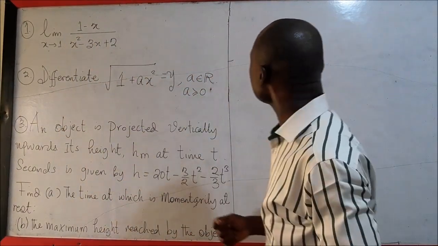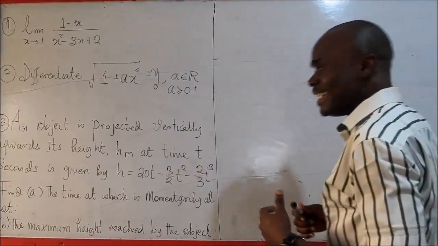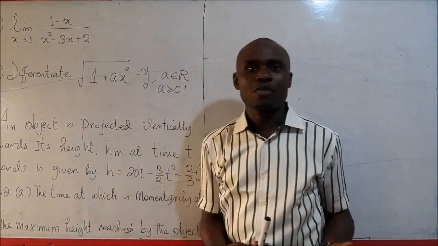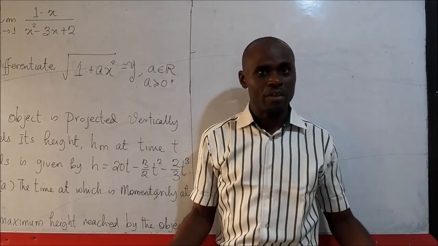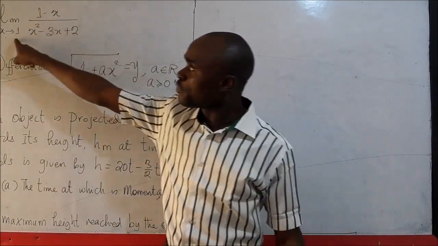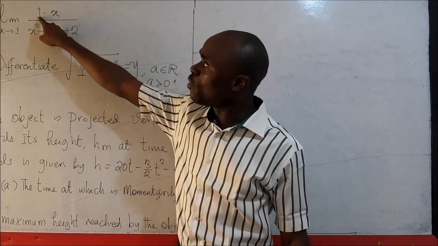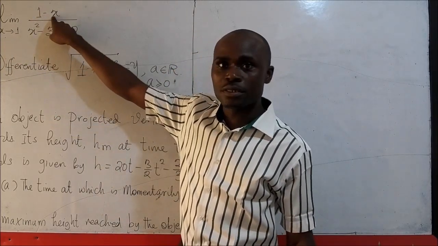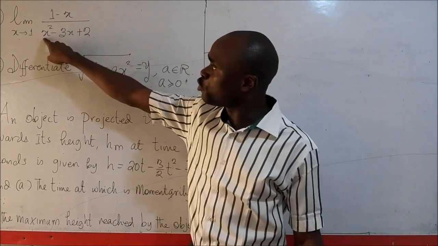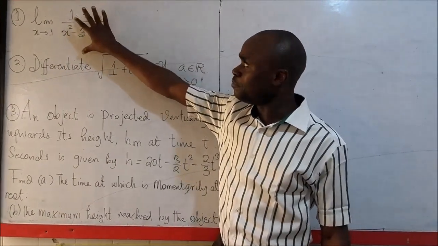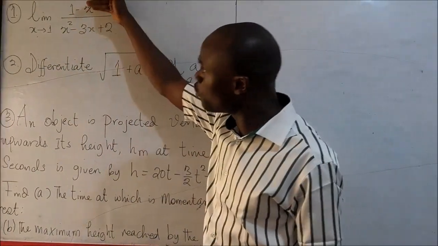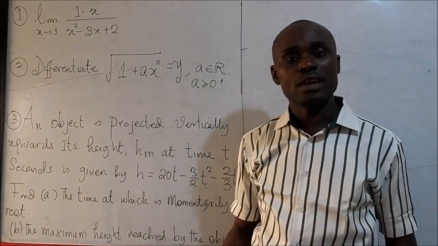If we substitute here, you're going to have an indeterminate case where we have to apply the L'Hôpital rule. Because if we substitute 1 here, you're going to have 1 minus 1, which is 0. And if you substitute 1 here, you're going to have 0. So this is going to give you 0 over 0. So we just have to do something.